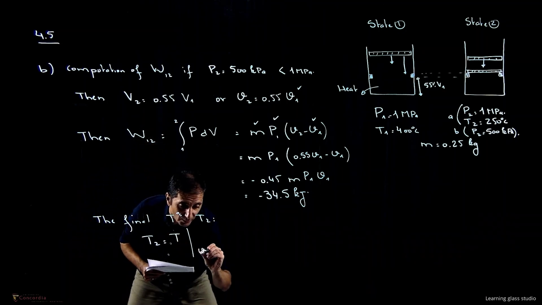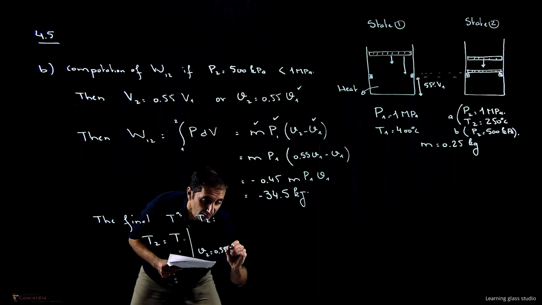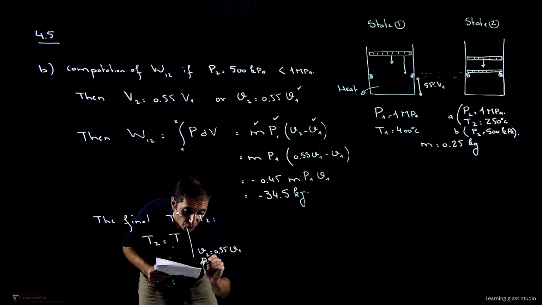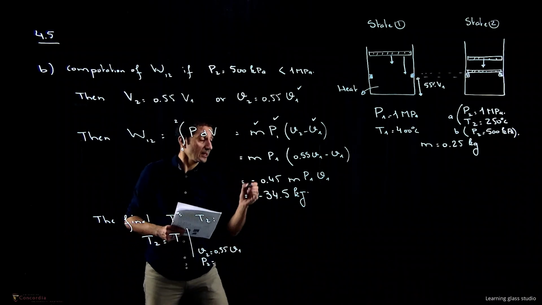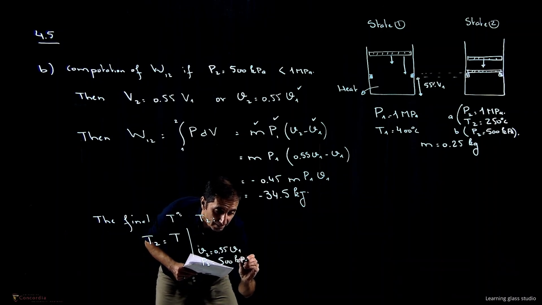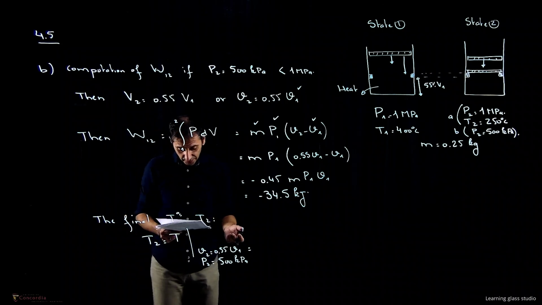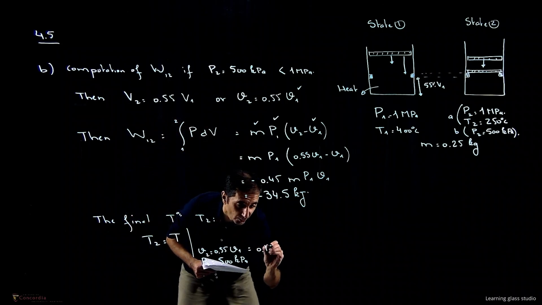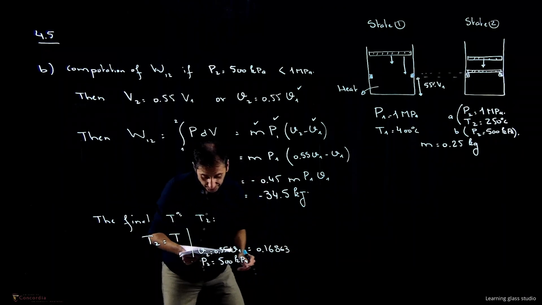We know V2 is equal to 0.55 V1, and we know that the pressure P2 is equal to 500 kilopascals in the second case. So 0.55 V1, we calculated V1, so this will give us a value for V2 equal to 0.16863.